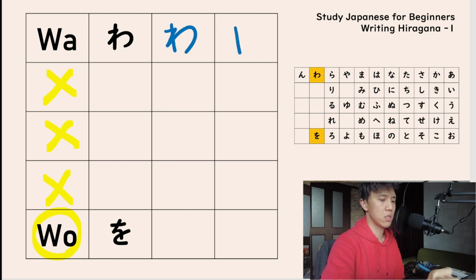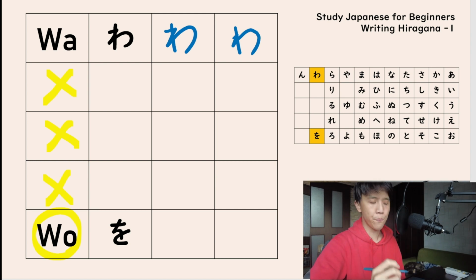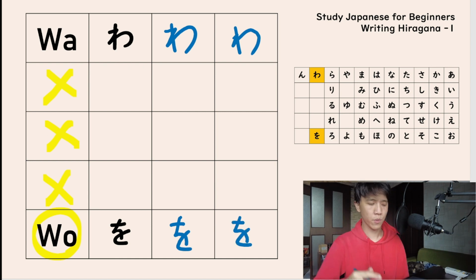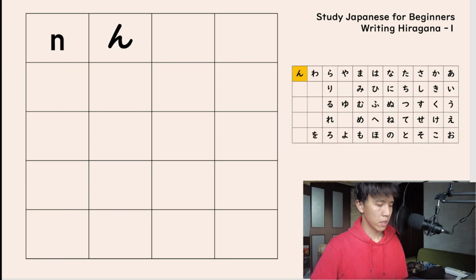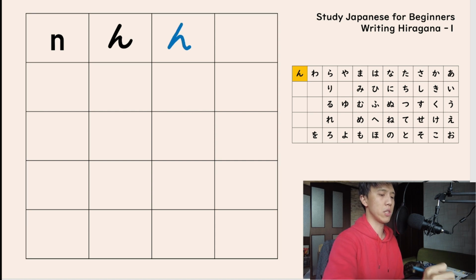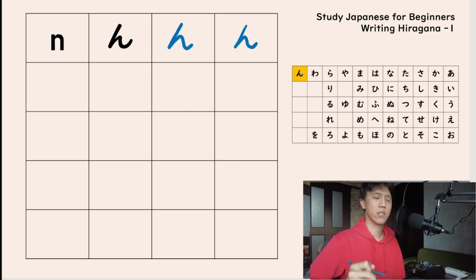This one is wa, and the last one is o. Okay, and this one is just the sound n. It's just one stroke.